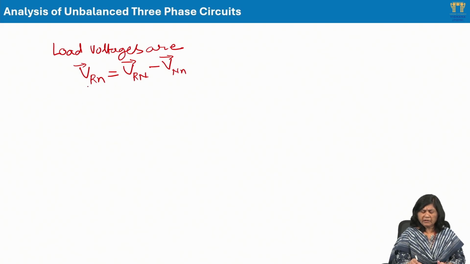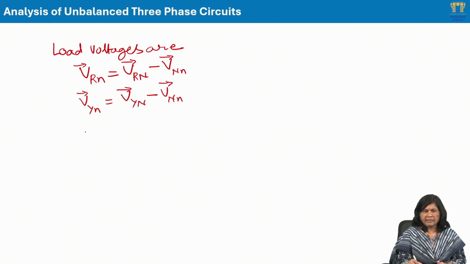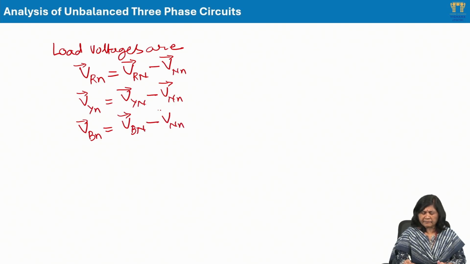So this is for phase R. For phase Y it will be VYn equal to VYN minus VNn. Similarly, VBn equal to VBN minus VNn.